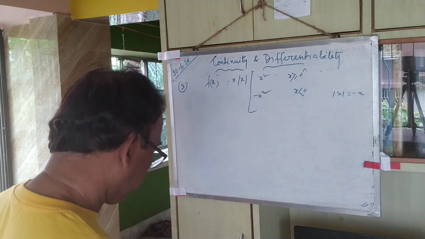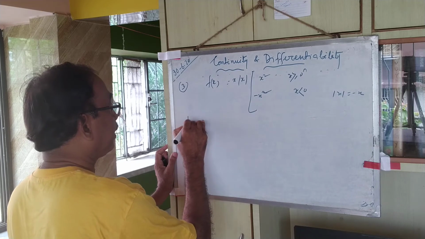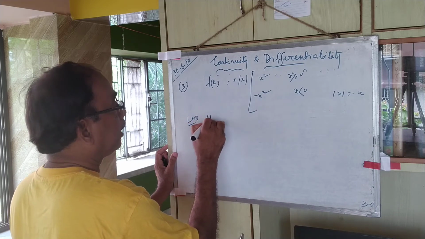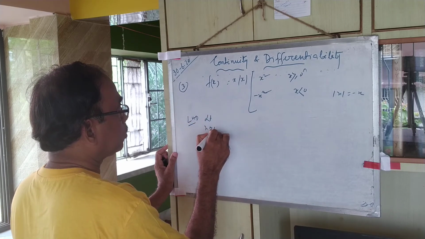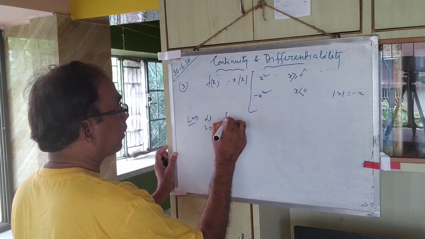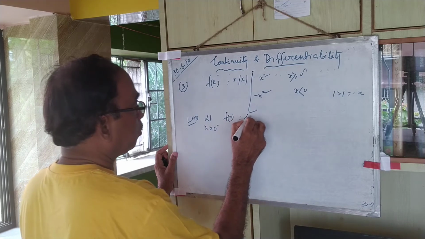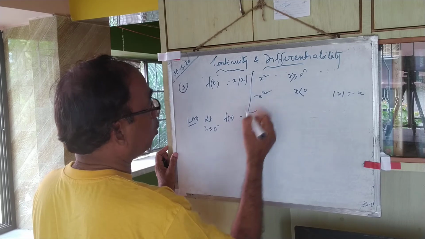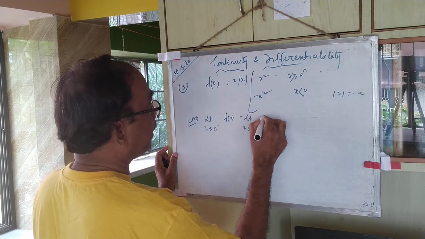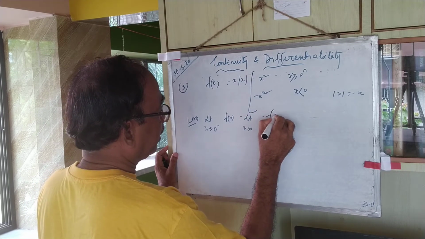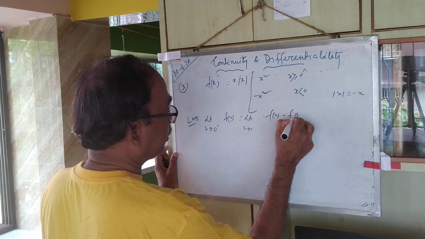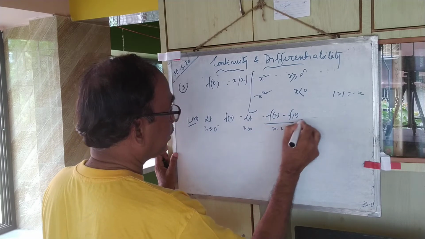Now let us try to prove the left hand derivative. Left hand derivative, limit x tends to 0 to the power negative, f(x) minus f(0) over x minus 0.